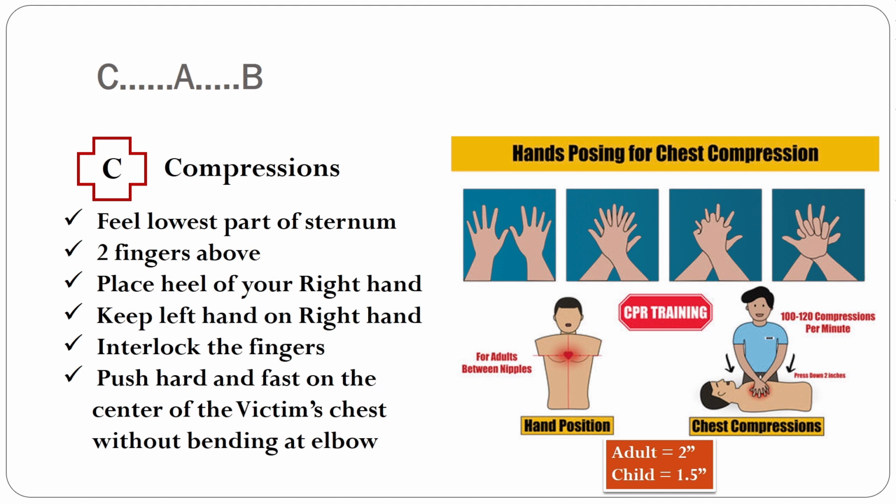The picture shows hand position for chest compression. You have to make use of your two hands, put one on another. Feel the lower part of the sternum, here is the sternum.